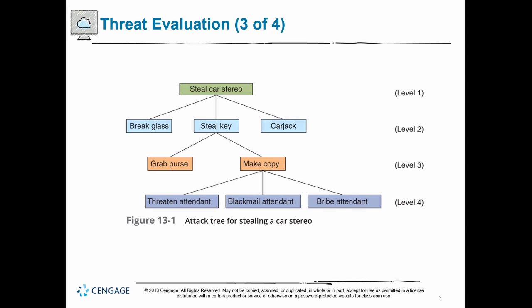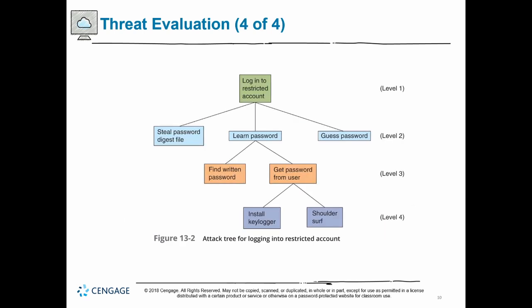If they steal the key, they need to grab the purse and make a copy of the key. If they choose the route of making a copy of the key, they must threaten the attendant, blackmail the attendant, or bribe the attendant, right? So it goes into detail of how each scenario will play out if the threat was to be gone through.